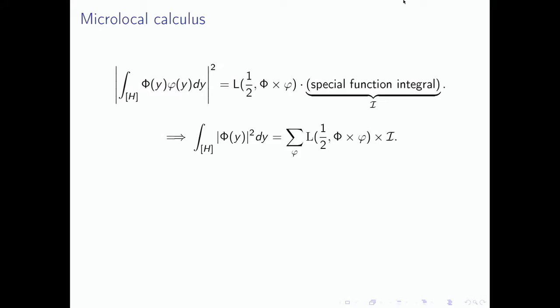And on the other side, you get the sum of the families of these L functions. Okay, so this is rather good. This is the sort of thing we want. And this script I is again complicated, but at least we have some setup that allows us to deal with that now.